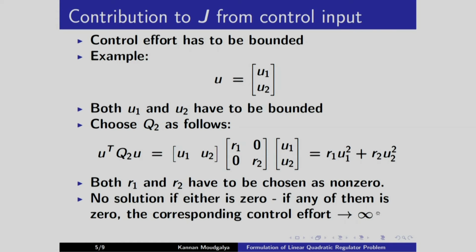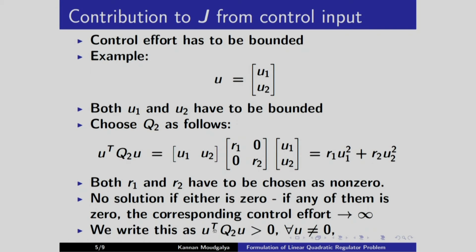But we know that no control effort can be of 0 cost, so we have to bound it. So if you allow any of these coefficients R1 or R2 to be 0, then the corresponding control effort will be unbounded. If we don't want that to happen, we would insist that both R1 and R2 be chosen as non-zero.